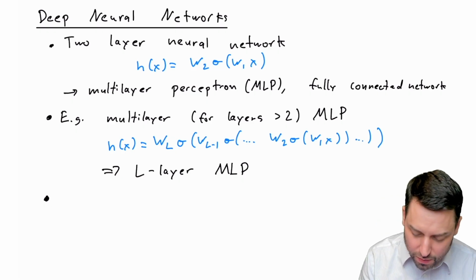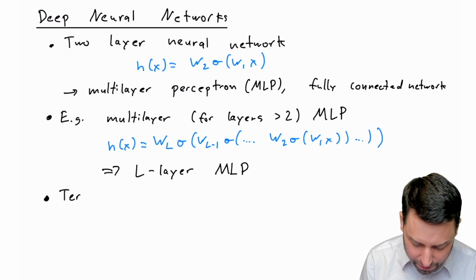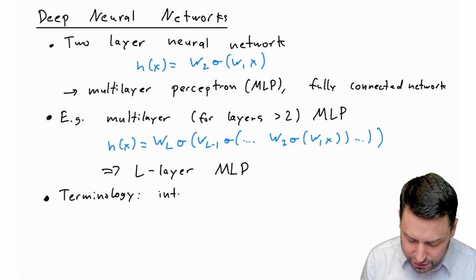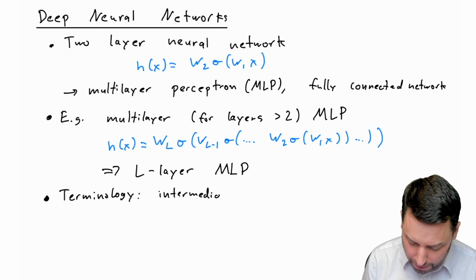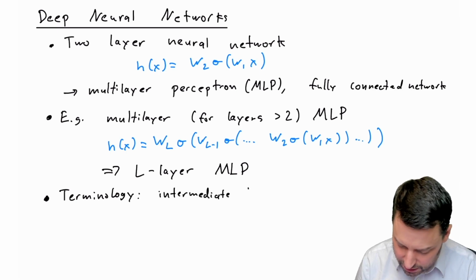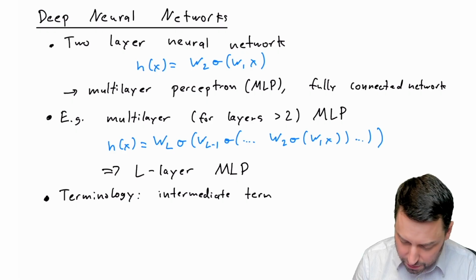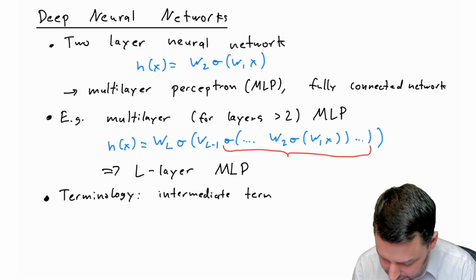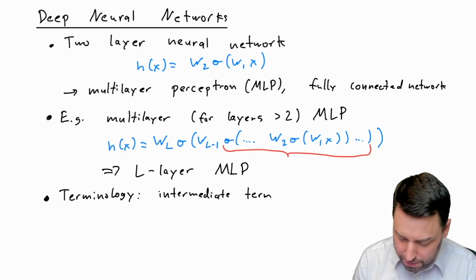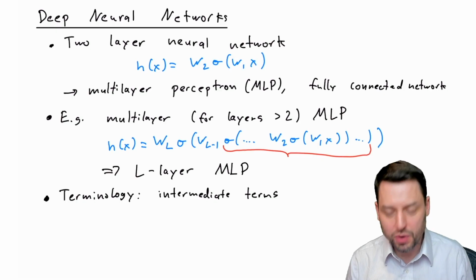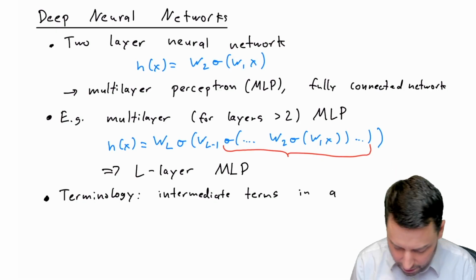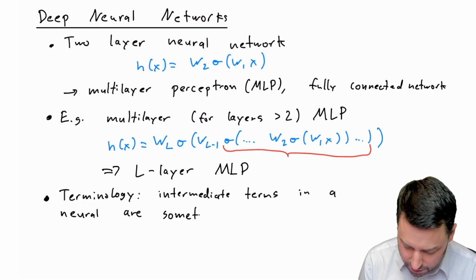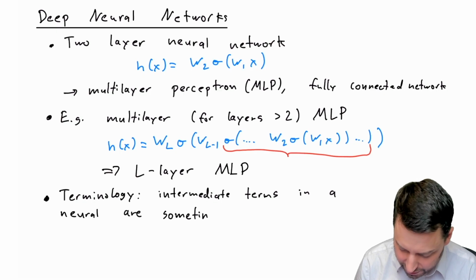One bit of terminology I want to mention is that intermediate terms, something like that term there, all intermediate terms you compute in a neural network, are called a whole lot of things.